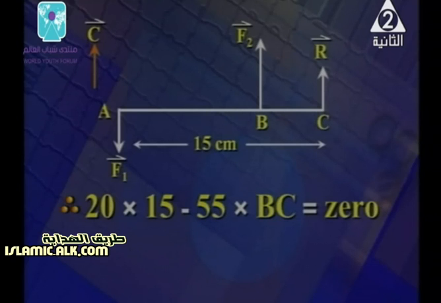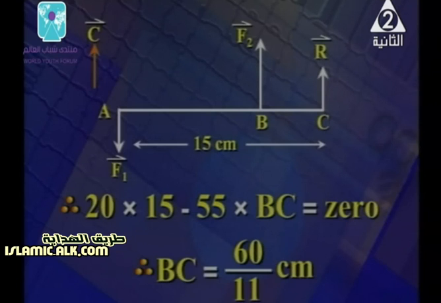We take the moment about point C: F1 equals 20 times 15, the distance AC, negative 55 is the magnitude of F2 times BC equals 0. After that, we find the value of BC.